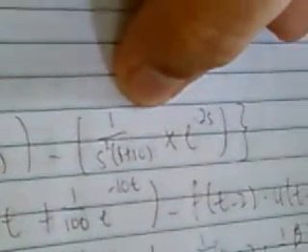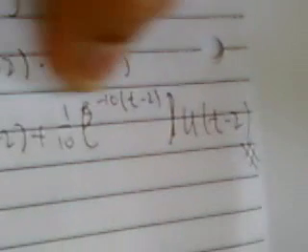Therefore, i equals inverse Laplace of this minus this. We substitute all the A, B, C that we got earlier into it. This is the final answer for part B, 5B part 1.